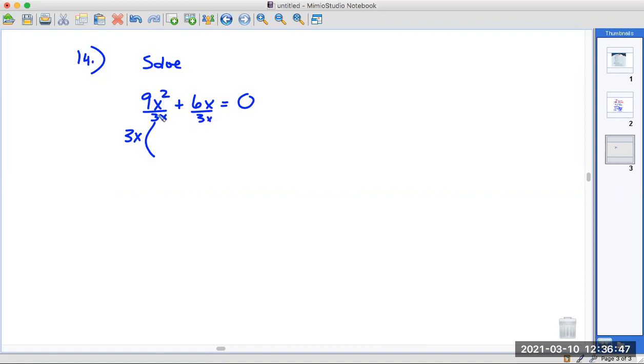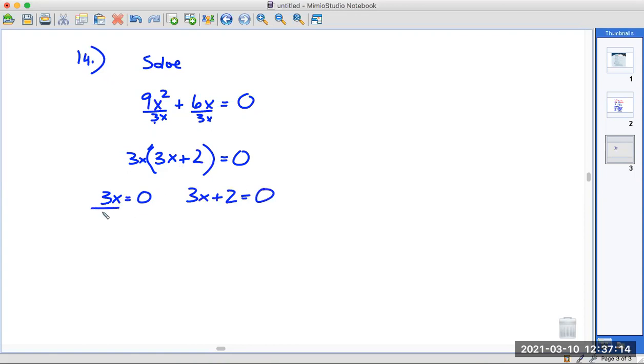So 9x squared divided by 3x is 3x plus 6x divided by 3x is 2. Then you set each factor equal to 0 and solve.